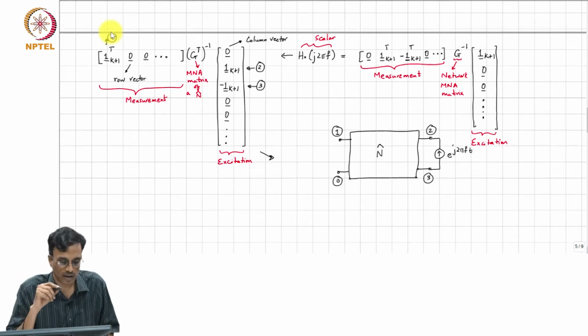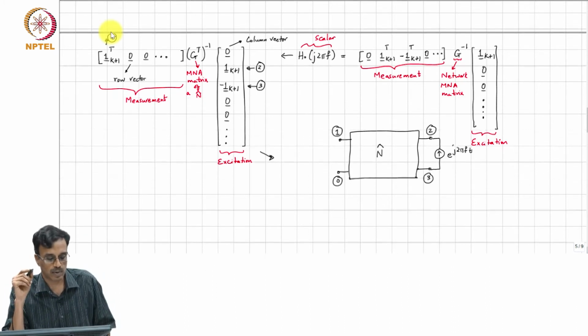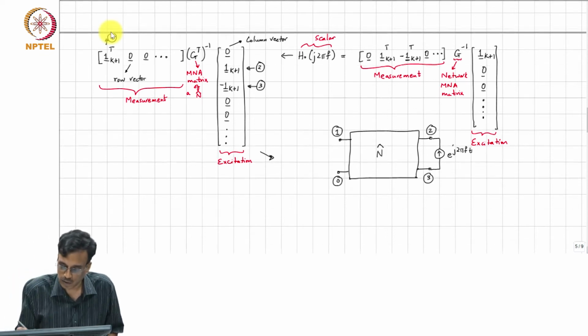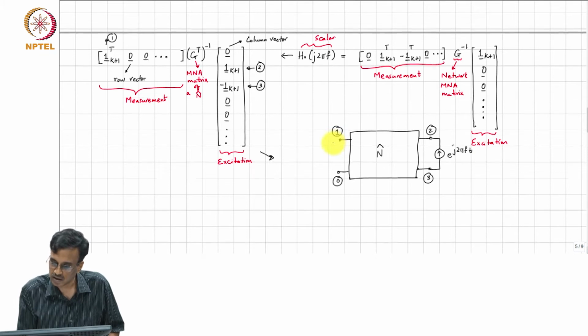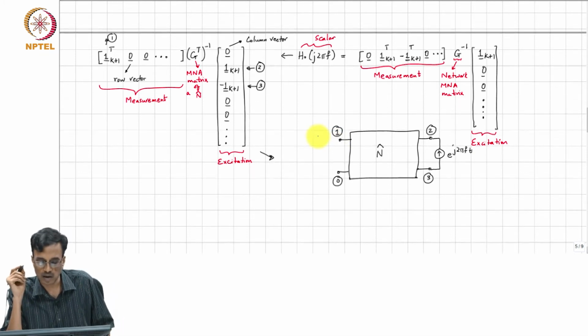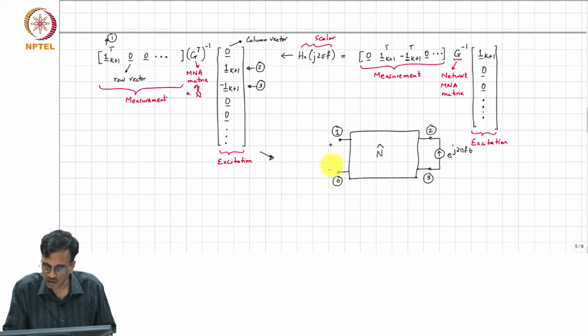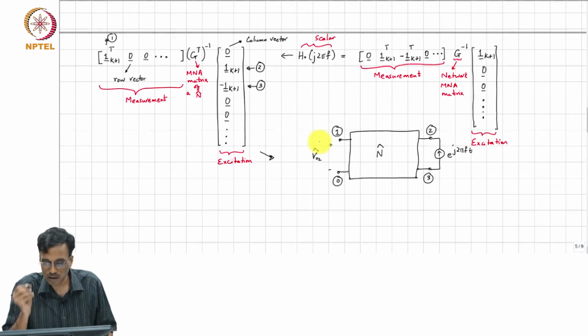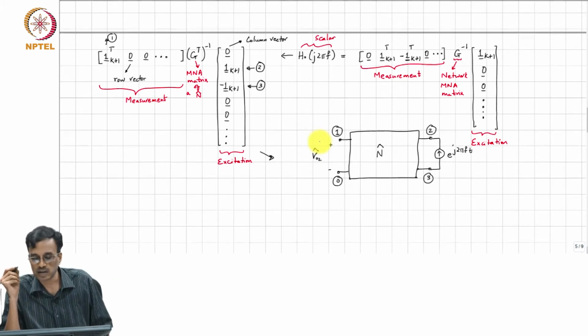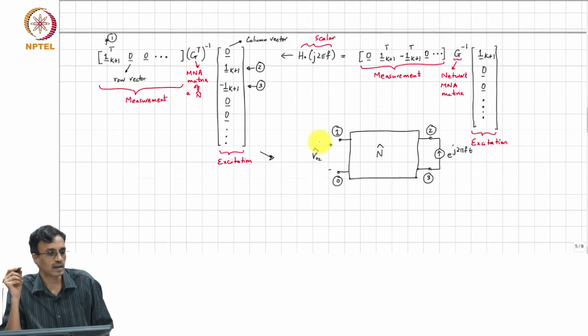So, we are only interested in that k plus 1th term of that node voltage phasor vector, and therefore, this is the output. So, this is VO2 hat, right, and we are only interested in the component at f, right.